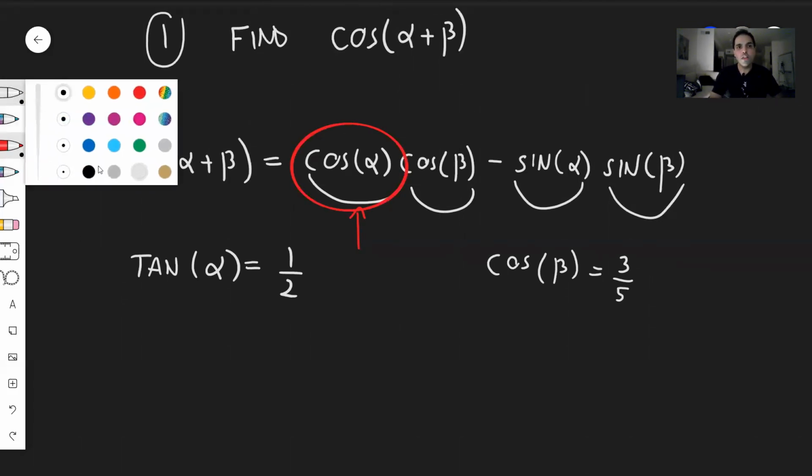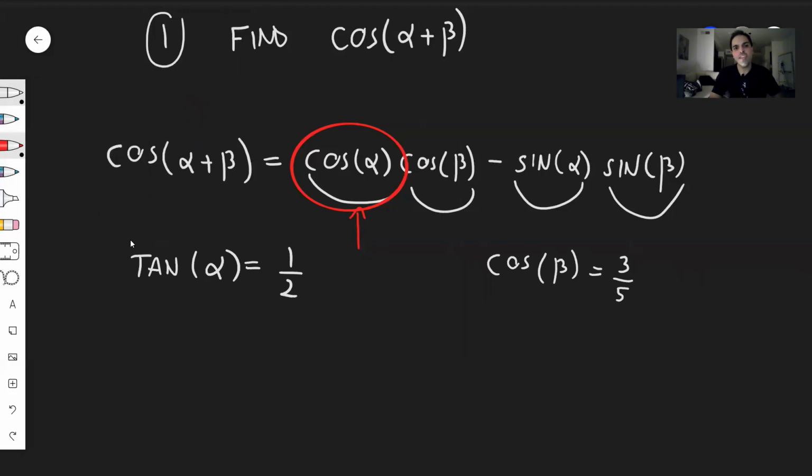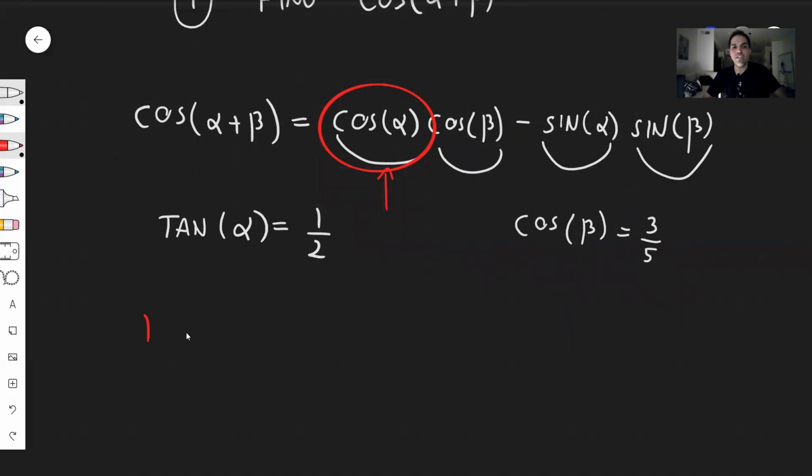Now, we know tangent, and the question is, is there a way to relate tangent with cosine? Yes and no. We can't really relate tangent with cosine without talking about sine, but there is this other formula, one of the fundamental formulas, that says 1 plus tangent squared of alpha equals secant squared.